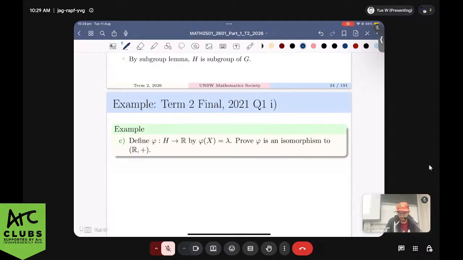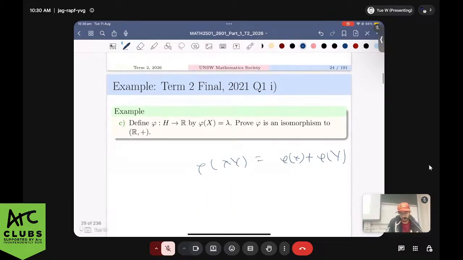So you need to show phi of xy equals phi of x, phi of y, but you have to be careful on the right-hand side to use the operation of the codomain. So here we're taking the codomain to be R plus. So you actually need this to be phi of x plus phi of y. Remember, phi of x is actually a number. It's just a real number here. So we need this to happen.